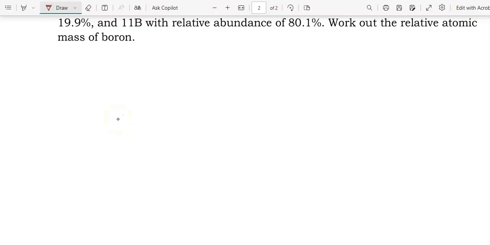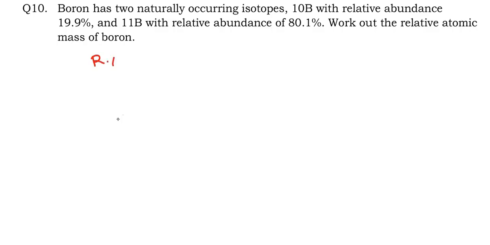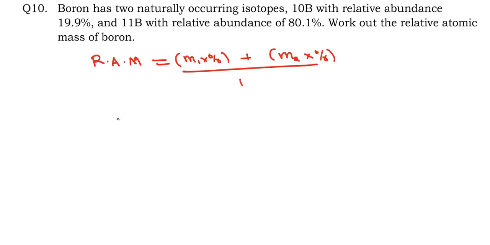The relative atomic mass is given by the general formula: M1 multiplied by its percentage composition, plus M2 multiplied by its percentage composition, all over 100.